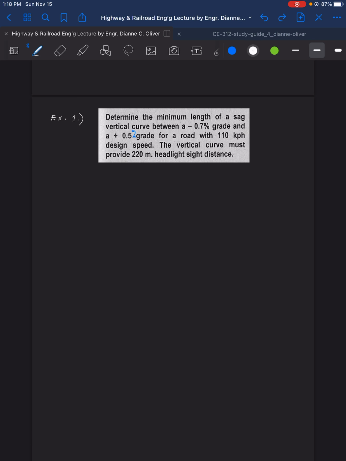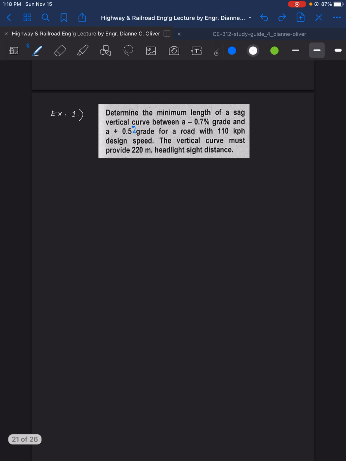Okay, but first let's put the given. So we have there G1, the G1 is negative 0.7%. G2 is positive 0.5%. Then the design speed is 110 kilometers per hour.